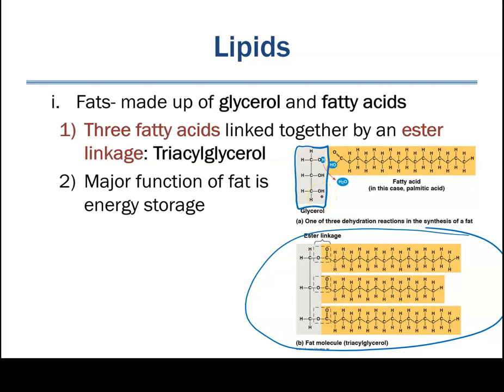Let me back up. We have a fatty acid that is going to be combined to make a triglycerol. Each unit of the triglycerol has a glycerol molecule. So here's our carbon base chain again, attached to a fatty acid, a really long carbon chain.